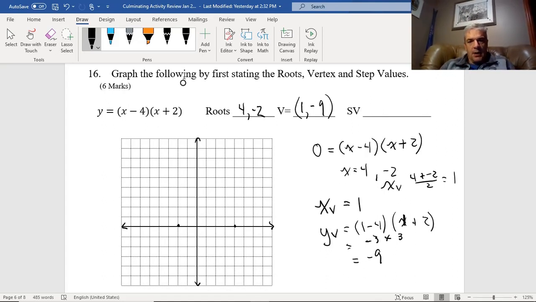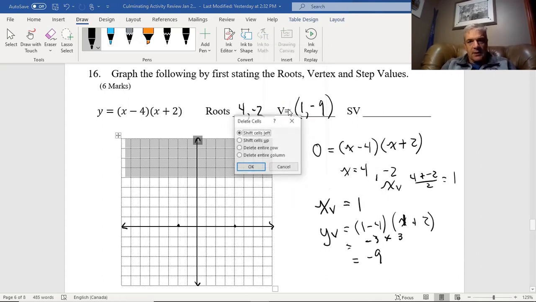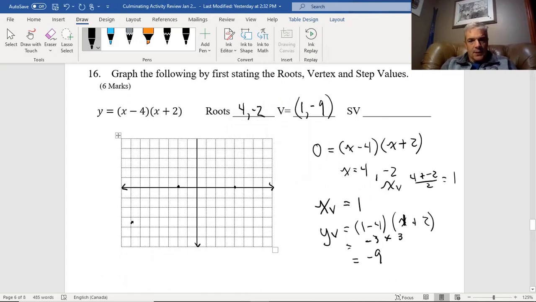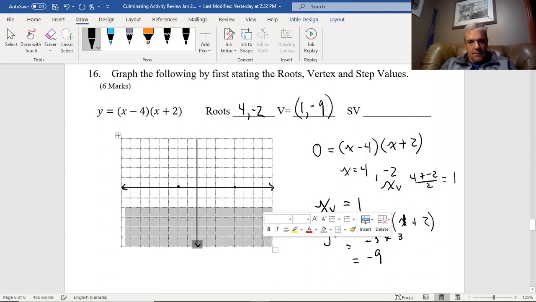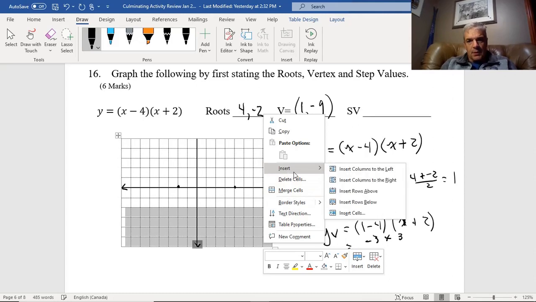Okay. Now I'm going to go back and do the exact opposite of what I did before. I'm going to move my vertex or my y-intercept back down, so I'm going to delete these cells, delete the entire row here, and then add some cells below, because that's what I should have done. I should not have messed with it, but I did. Insert rows below.